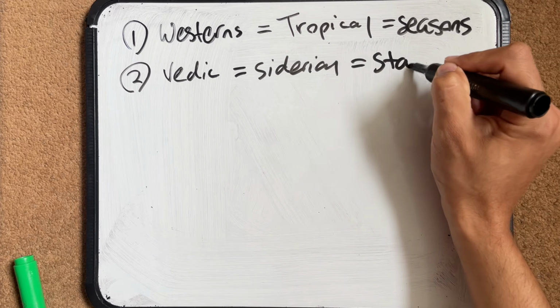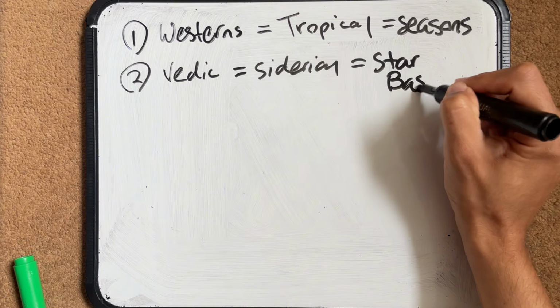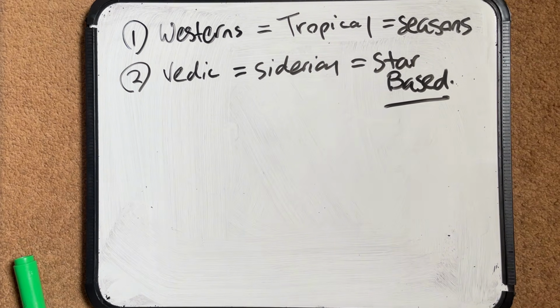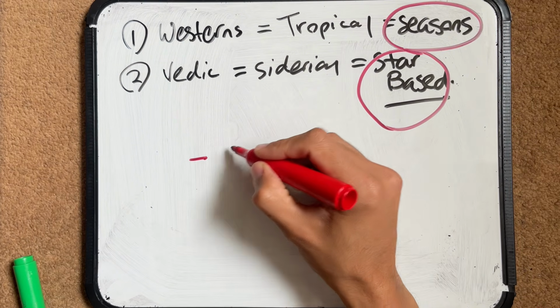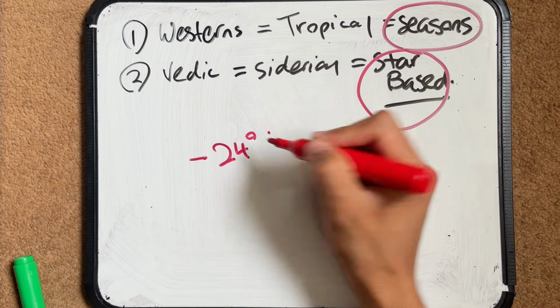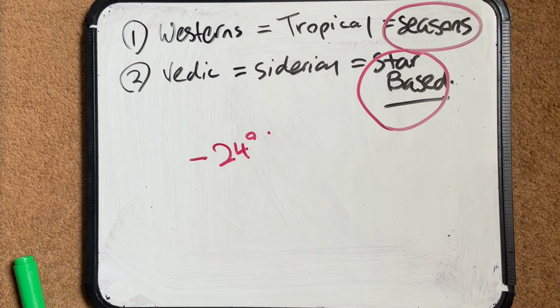Number 4, sidereal is based on stars. The star is the reference point. Because these two reference points are now around 24 degrees apart, your sign may change between the two systems. This is the reason this is not complicated. There's no contradiction here, just different measurement systems.